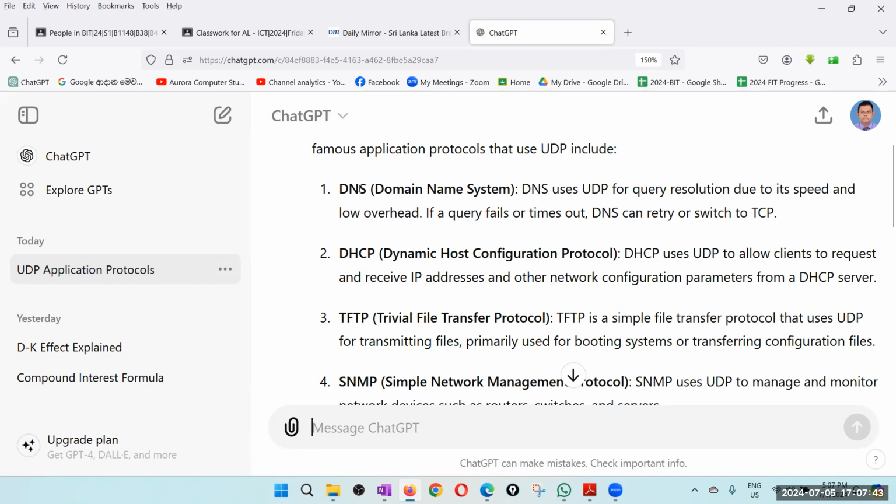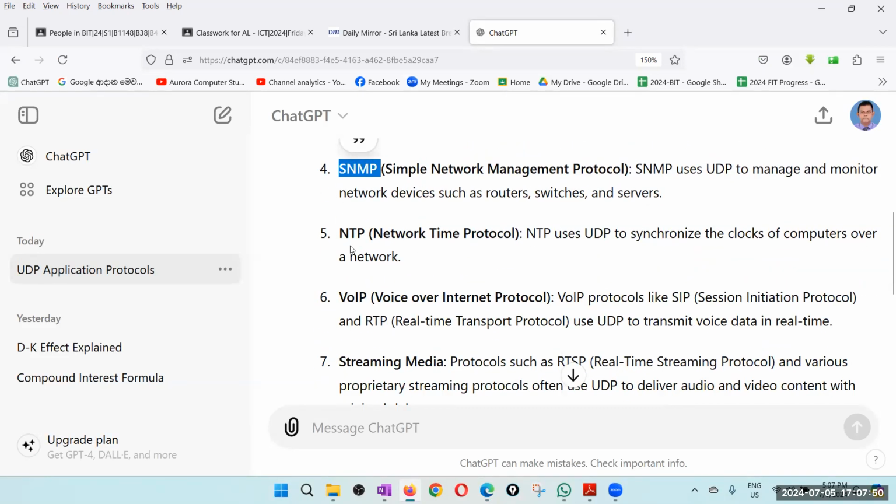Just remember the application protocols that use UDP: DNS, DHCP, SNMP, NTP, VoIP and any other streaming media. Real-time streaming protocols like Zoom, for example, use UDP because it's very important that you get the data packets, because it's a live session. So when we do real-time communication like streaming audio and video, we use UDP.